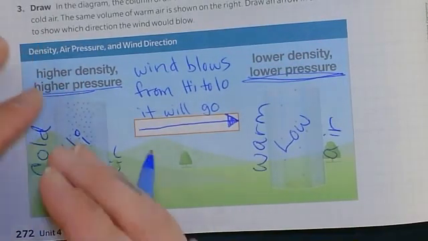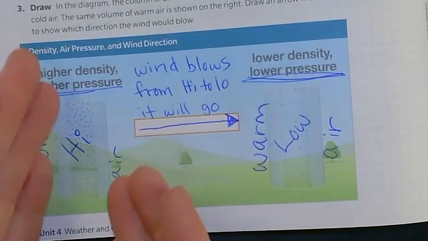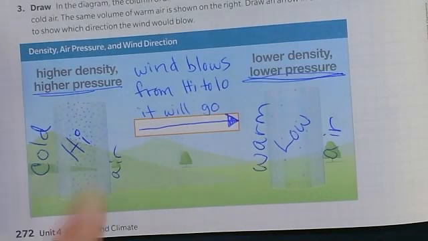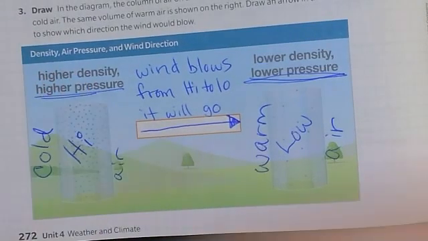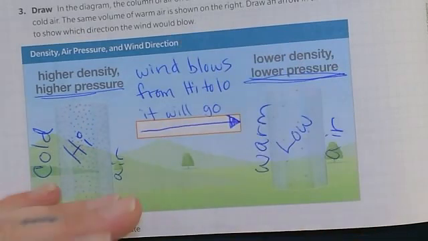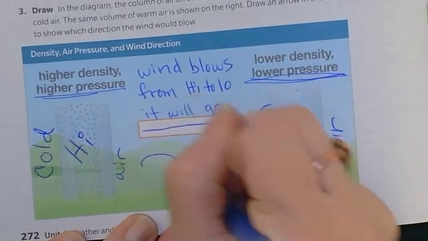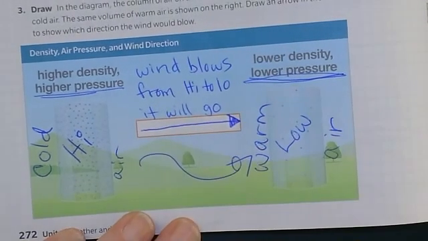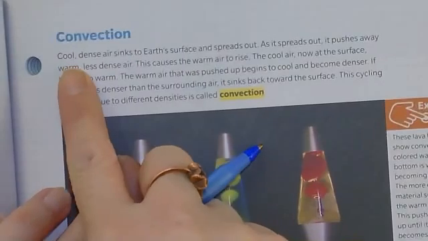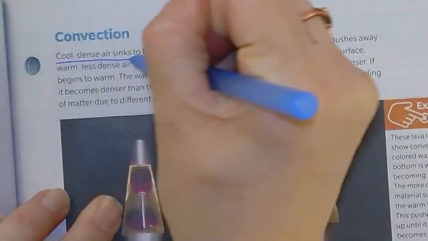It will go that direction because this is high pressure, this is low pressure. There's not as many air molecules packed in over here, so these ones are getting really crowded, and they're like, oh my gosh, let's find another place so that we can spread out a little bit. So they want to get out of this air pressure zone and go to some place that's not as crowded. So that's why the wind is blowing in this direction.